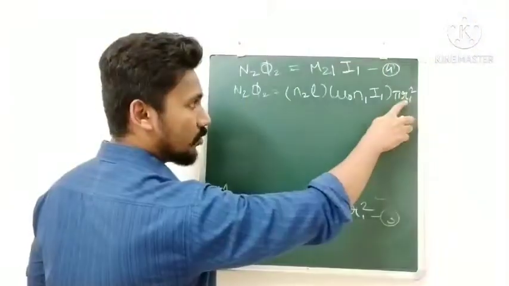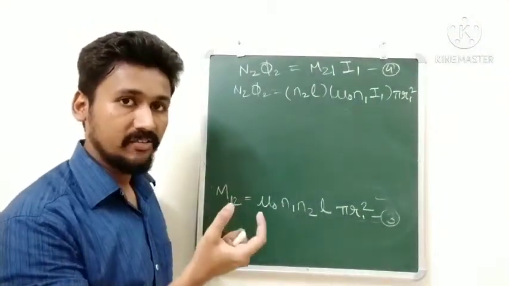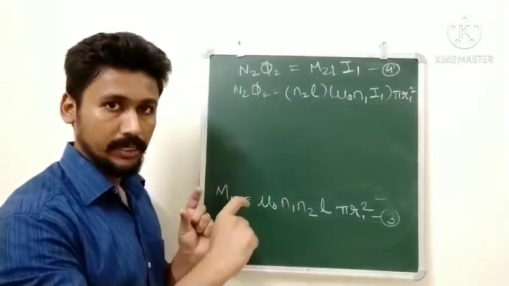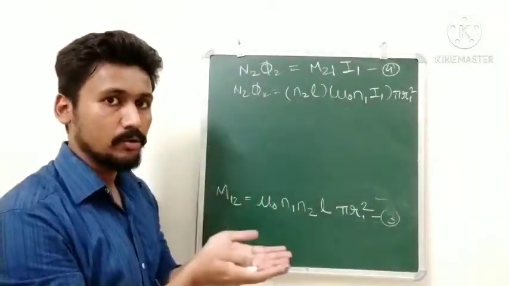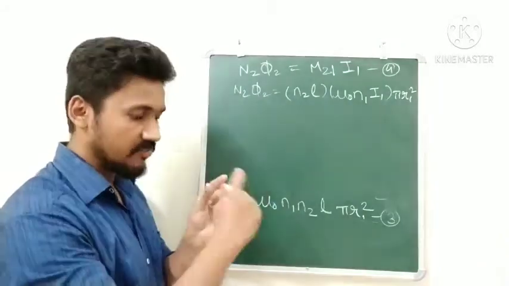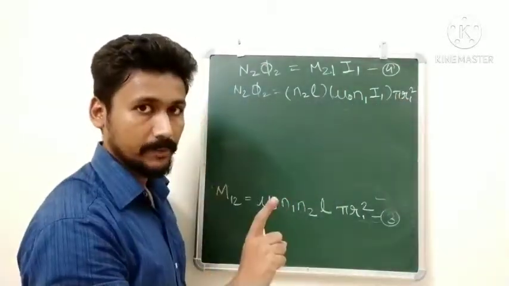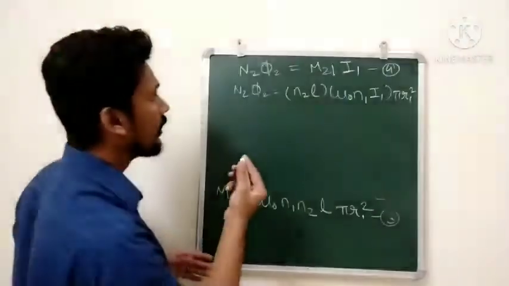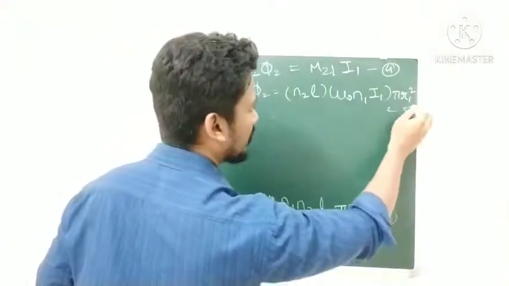Now you will notice we have not taken pi r2 square here. Why? Because the magnetic field is in the inside coil only, right? We cannot take pi r2 square. The magnetic field has not spread to that second coil. Okay, it is confined in that inner coil. Therefore, you will get pi r1 square only. Okay. So coming back, let us call this equation 5.